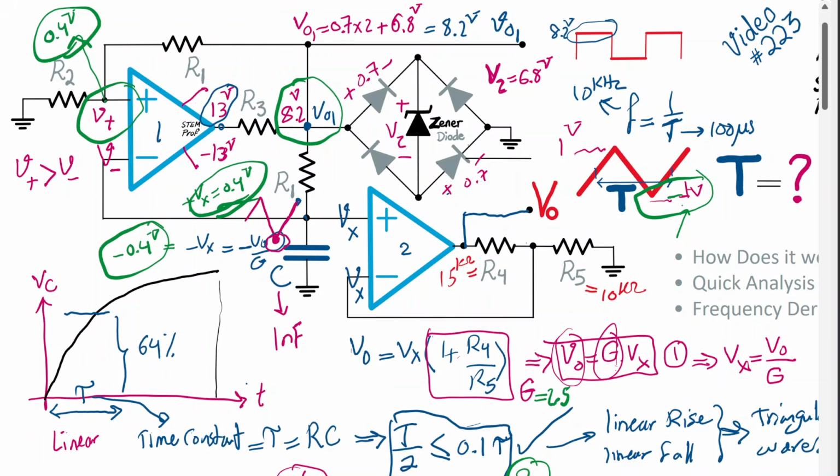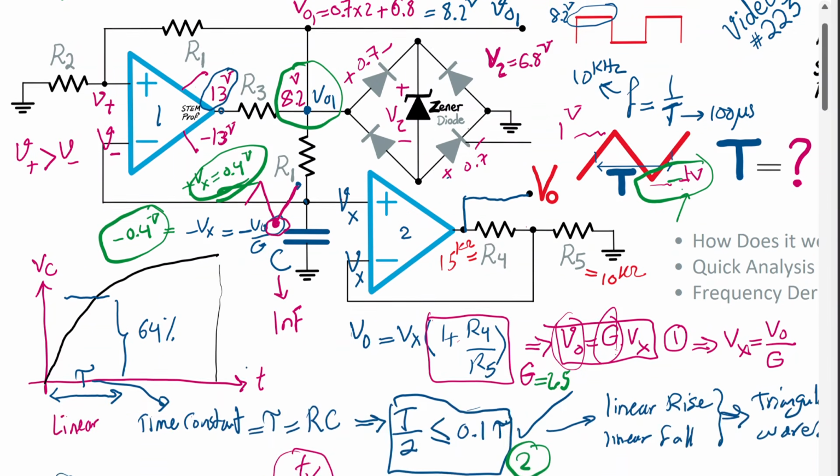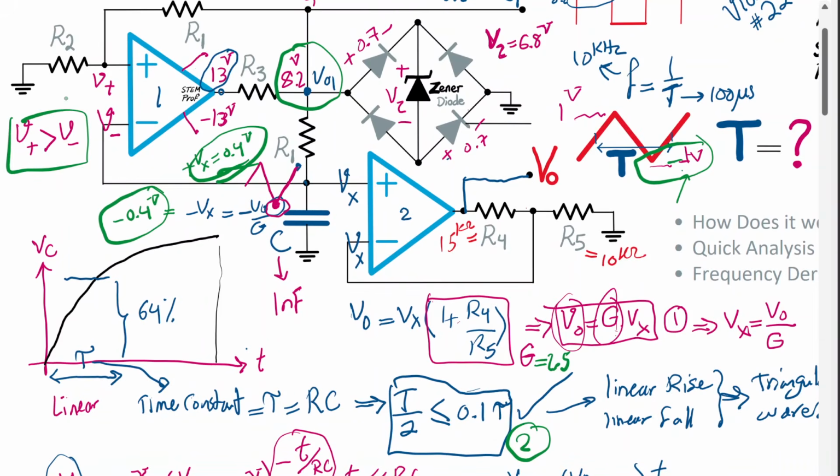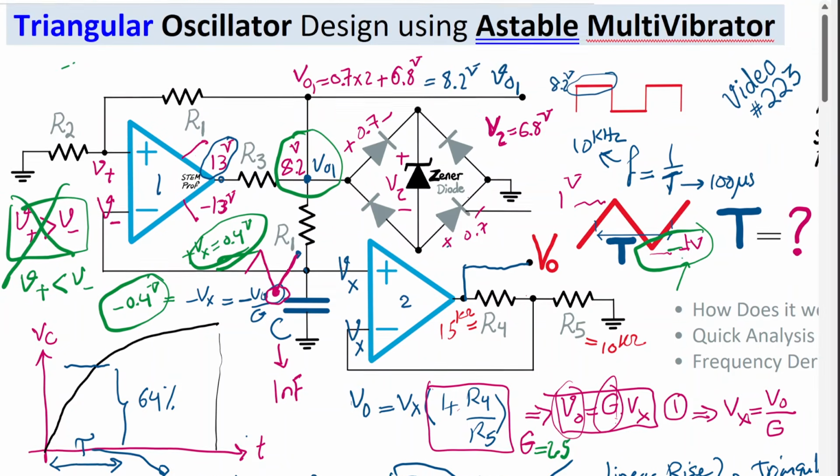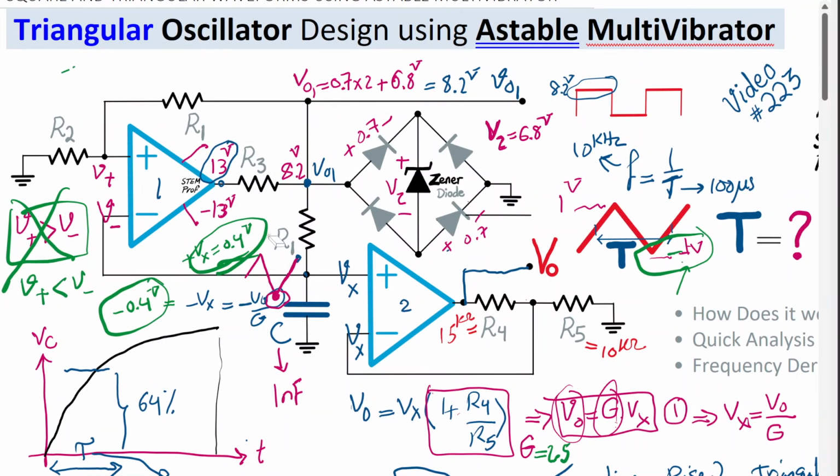The moment this capacitor voltage reaches 0.4 volt, then this assumption will go away and actually it reverses. Reverses meaning that the voltage of the positive terminal for op-amp 1 becomes less than the voltage of the negative terminal. And as a result of that, everything will switch.